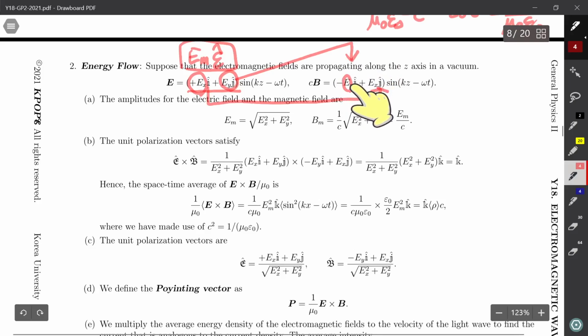So this magnitude is the same, and the sign stands for the orientation.